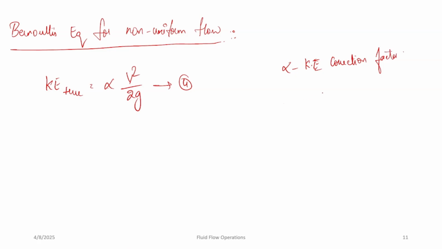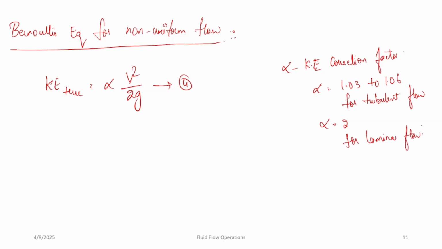Alpha can be between 1.03 to 1.06 for turbulent flow, and alpha will be 2 for laminar flow.